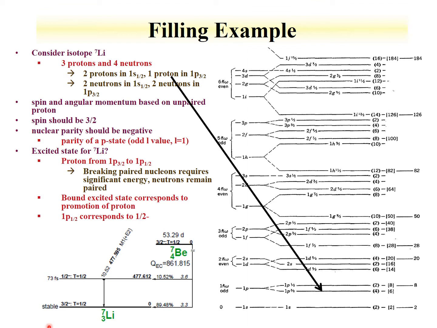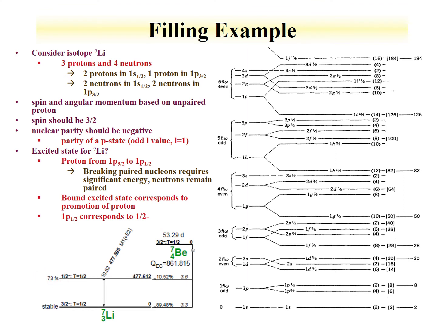And as we see, lithium 7 is 3/2 minus, as predicted from the shell model. We see here, this is the state that it occupies, and the 1p 3/2 correlates to 3/2 minus ground state. The excited state, shown here of lithium 7, is 1/2 minus.